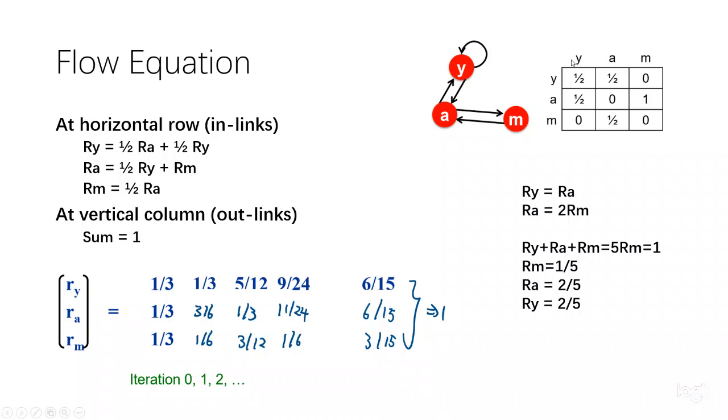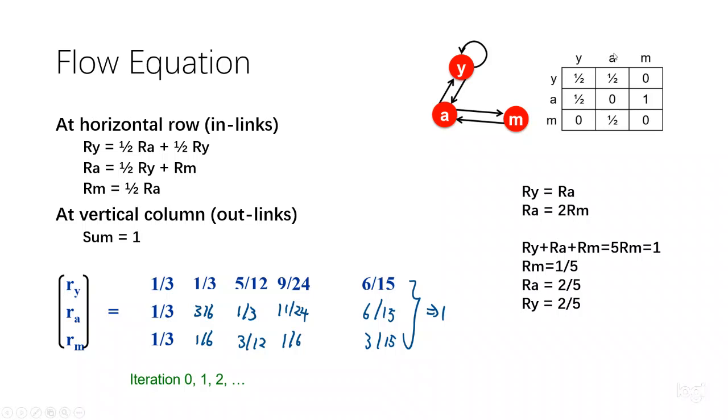So we can see node Y has two out-links, and each out-link shares equally the importance score RY. Therefore, one out-link points to node Y itself, which has a vote equal to 1/2 RY. Similarly, another out-link points to node A with the same 1/2 RY vote.